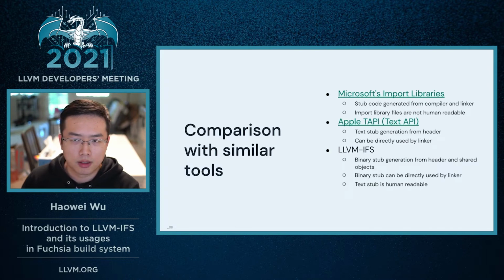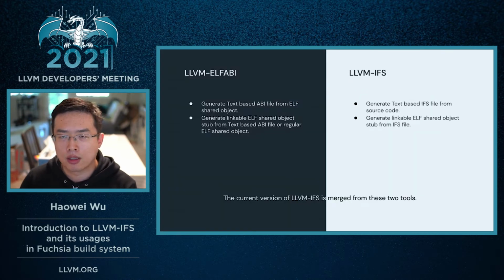LLVM-IFS, on the other hand, can generate binary stubs that are compatible with linkers like LD or LLD, and it can also generate text stubs for humans. It also supports ELF, which is very useful for us. The current LLVM-IFS is actually merged from 2 different tools.